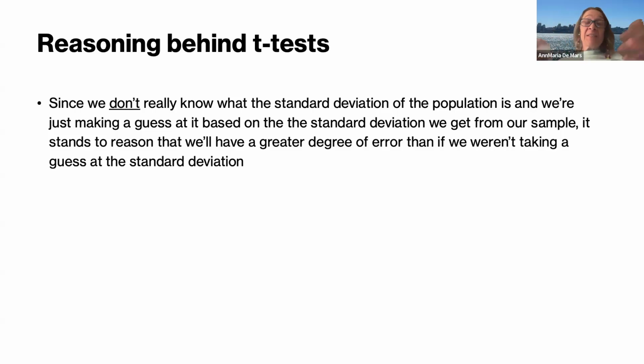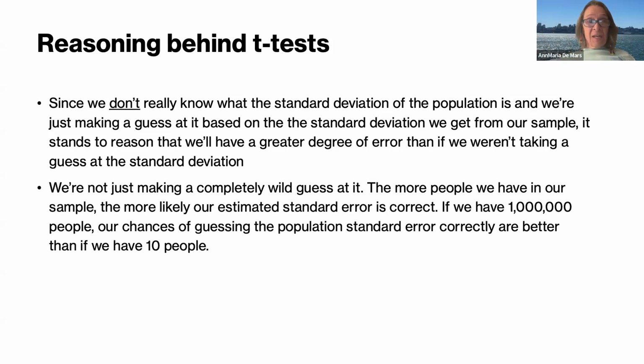We think because the standard deviation of the sample is 11, that it's 11 in the population, but we don't really know. And we're not just making a completely wild guess. And the more people we have in our sample, the more likely our estimated standard error is correct. If we have 1 million people, our chances of guessing the population standard error correctly are better than if we have 10 people.